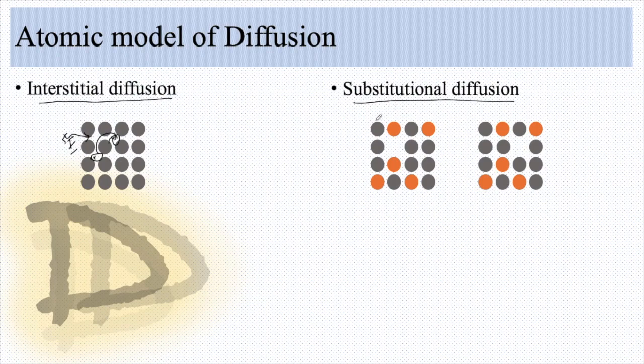On the other side, in substitutional diffusion, the atom jumps from one regular site to any other vacant position.